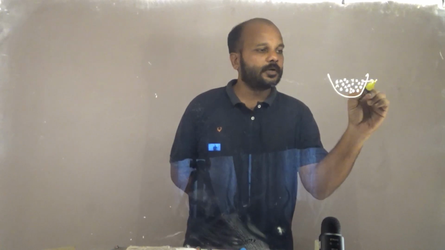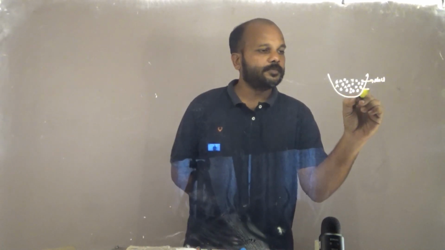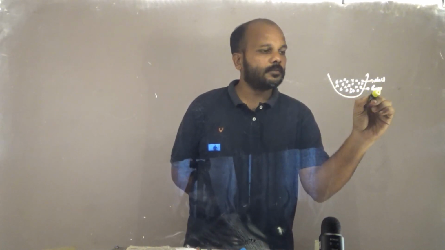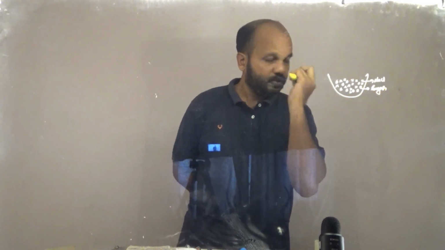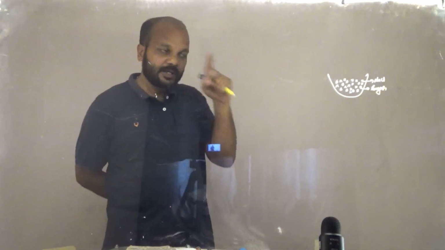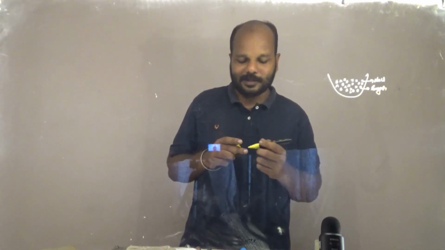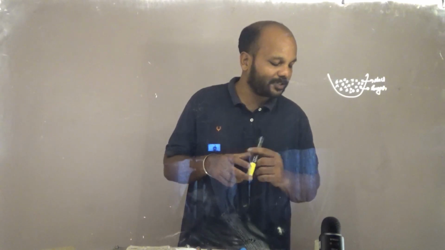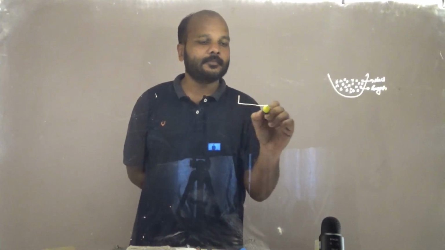Let this be sodium chloride, salt, and this be sugar. This is an example of a mixture because it contains two components: one is sodium chloride and the other is sugar. If it contains more than one component, we can call it a mixture.